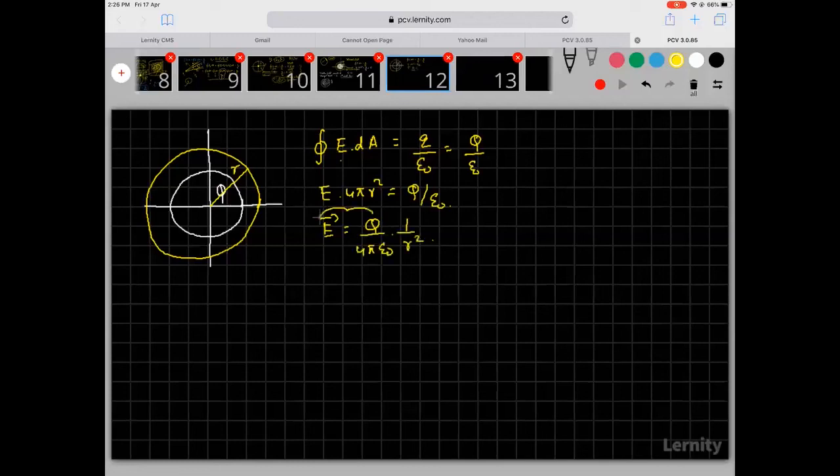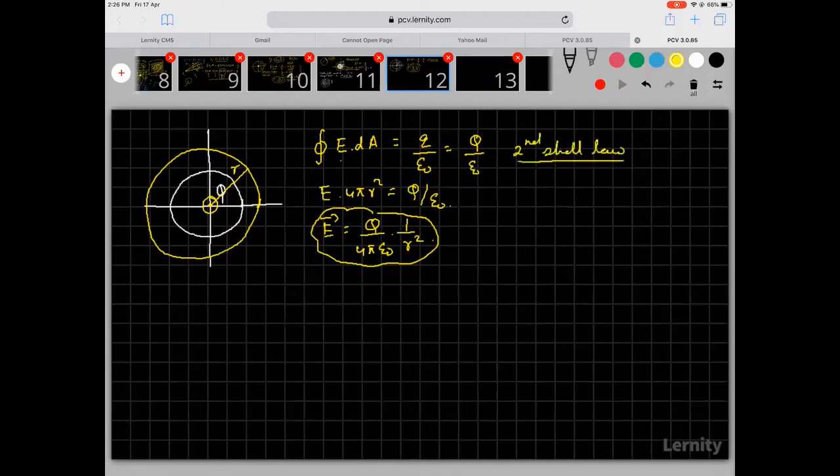So I'll say that E is equal to Q by 4 pi epsilon naught r squared. That means for all points outside the shell, the charge behaves as if it is located at the center of the shell. This is the second shell law. Inside the shell, the charge is outside, so there is no electric field.